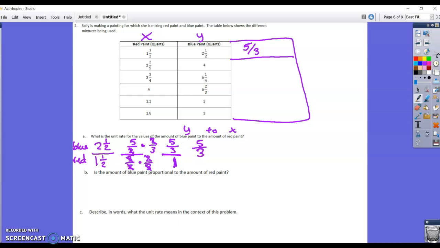So I want to change this. I'm going to do a decimal. So 5 divided by 3 in my calculator gives me 1.6 repeating on forever. 0.6 repeating on forever is 2/3. So that is what my constant would have to be for every single one.